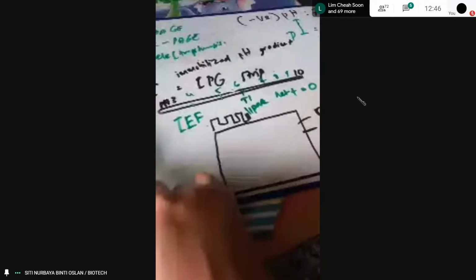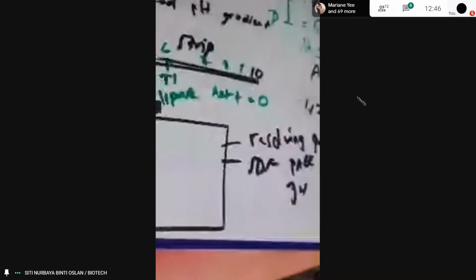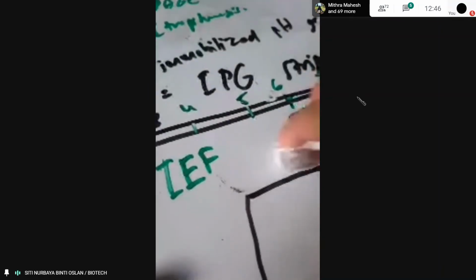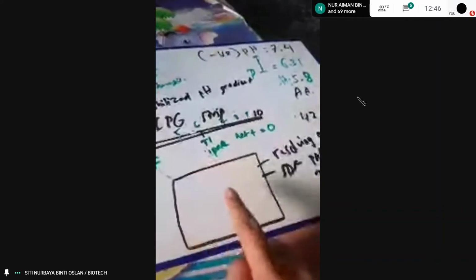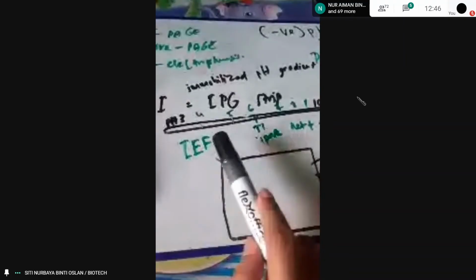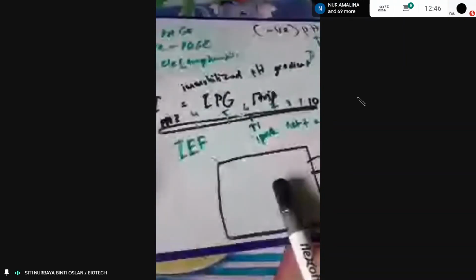We don't want this. So for 2D, this part will not be used. Just the SDS gel using resolving buffer, without the stacking. We are going to place this IPG strip on top of the gel.